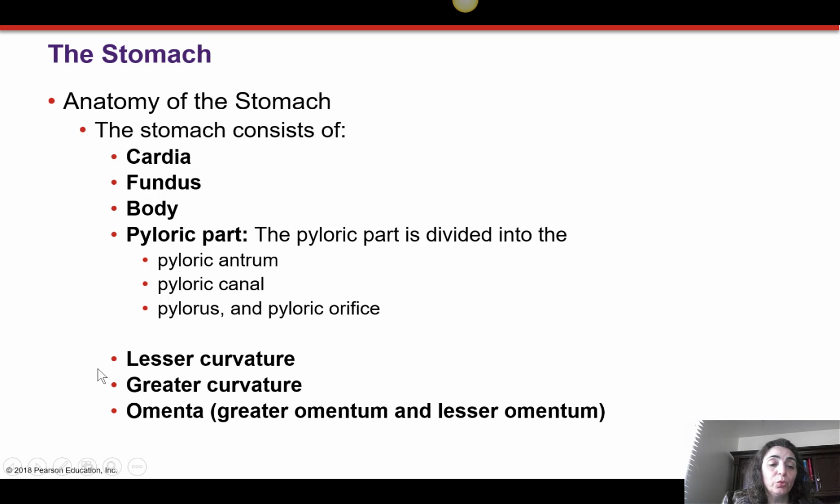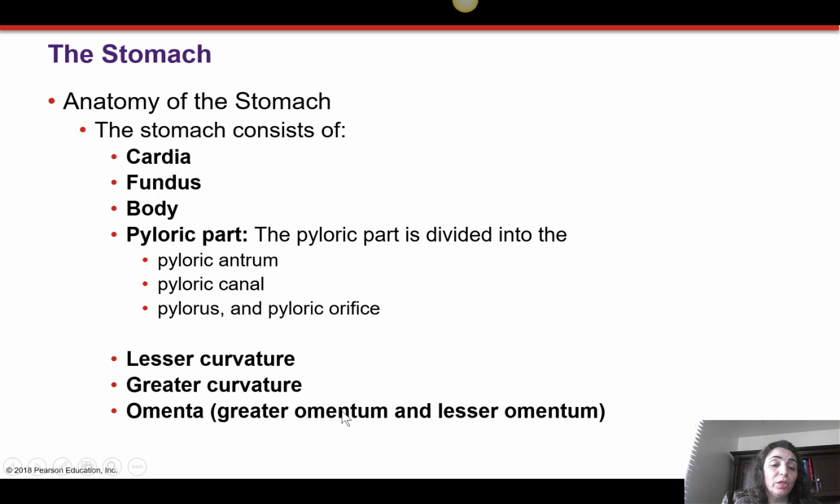Now stomach has 2 curves. One a small curve on the upper part, we call it lesser curvature. One larger curve on the lower part, we call it greater curvature. And we have omentum, one lesser omentum and one greater omentum, that are attaching to these 2 curves. With the lesser curvature of the stomach, we have lesser omentum that is attaching between the lesser curvature of the stomach and the liver.